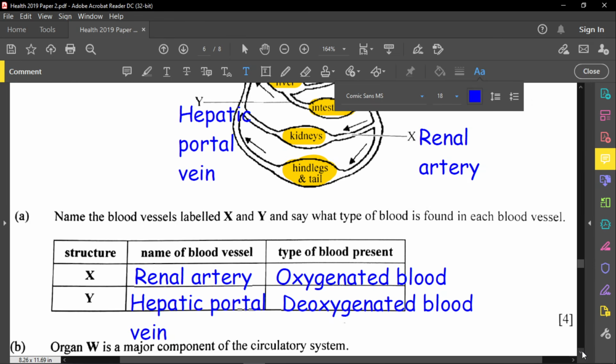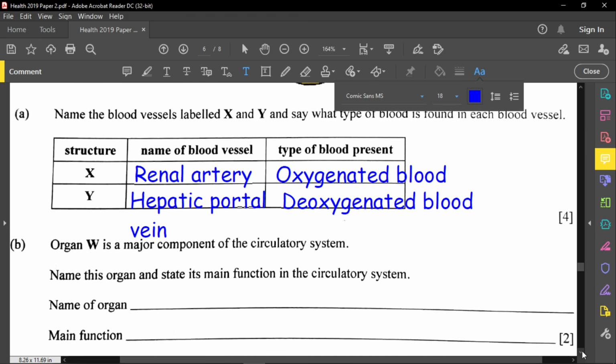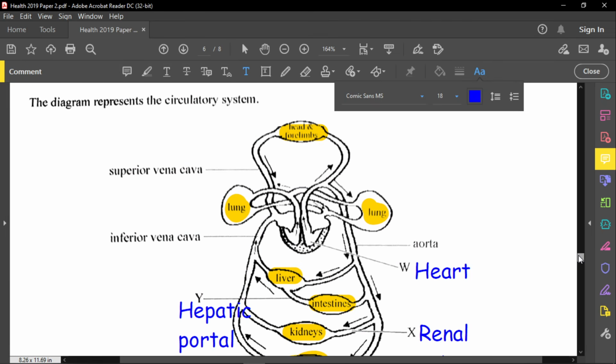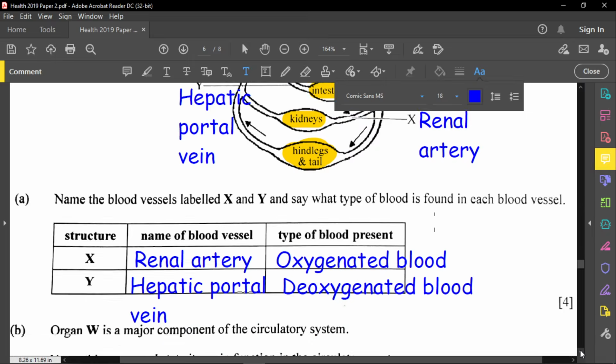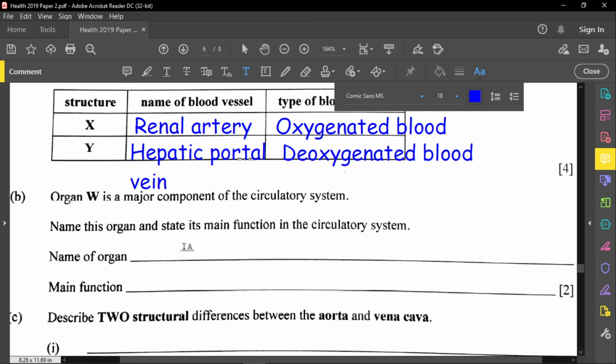All right, so let's go to the next part of the question. It said, organ W is a major component of the circulatory system. Name this organ and state its main function in the circulatory system. So this organ W is the heart, and in the circulatory system, its main function is simply to pump blood.